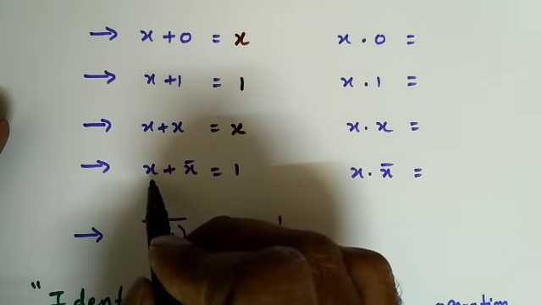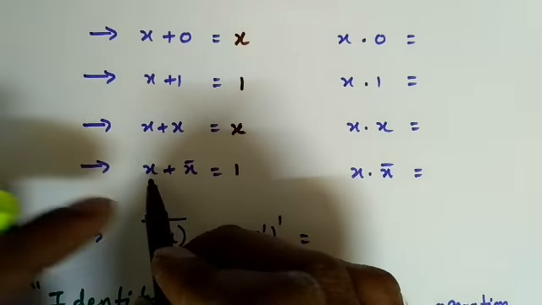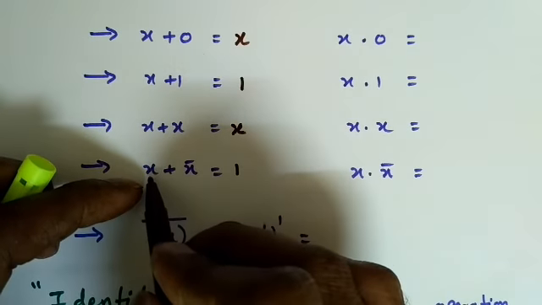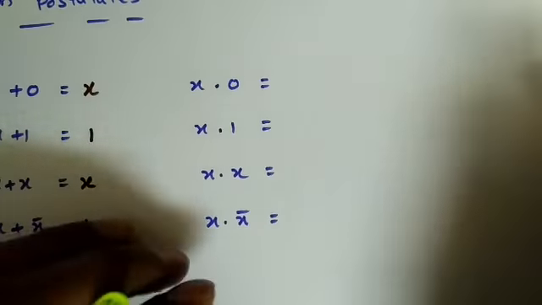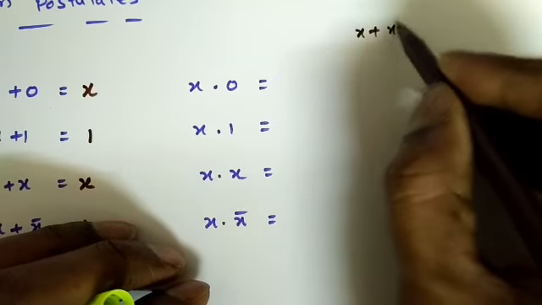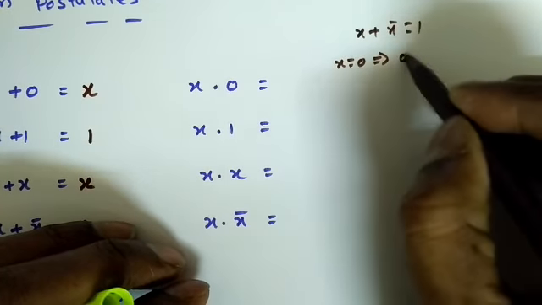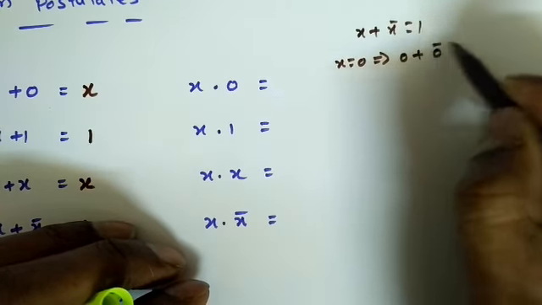The reason is, if I substitute x is equal to 0, it becomes 0 plus 0 bar. We have seen what 0 bar is: the invert of 0 is nothing but 1. So 0 plus 1, what is the value? It will be 1.